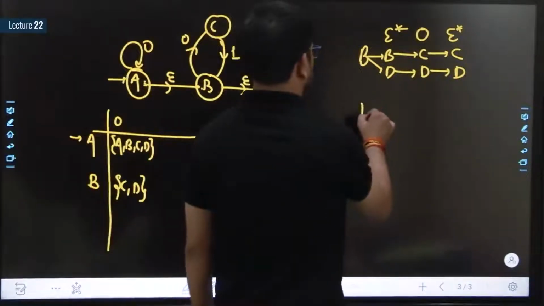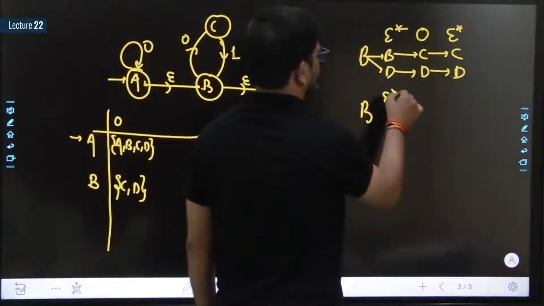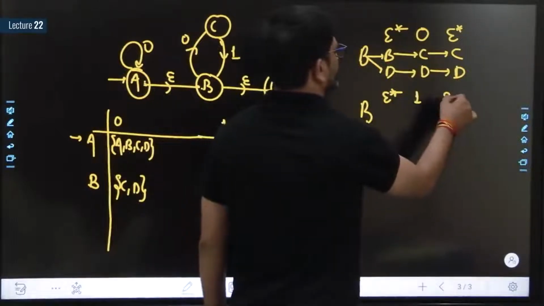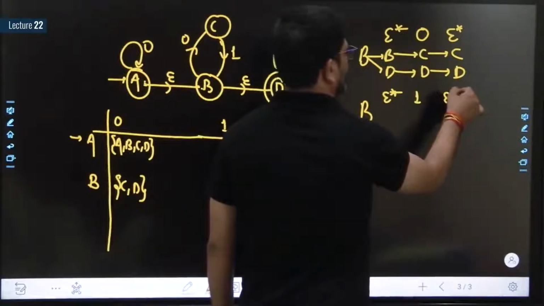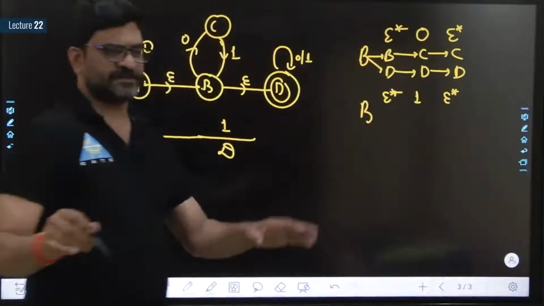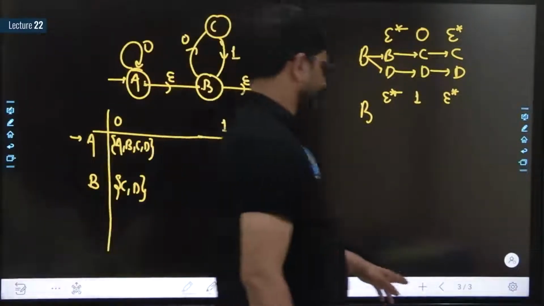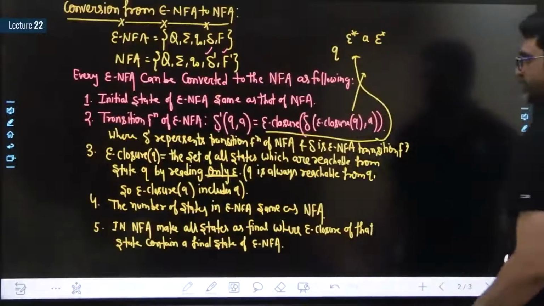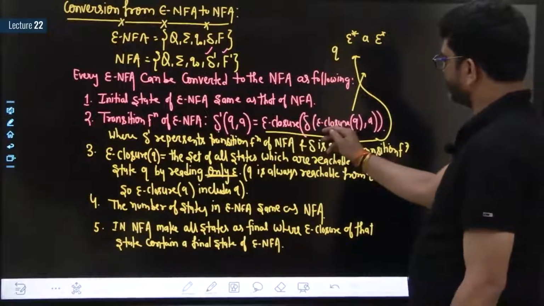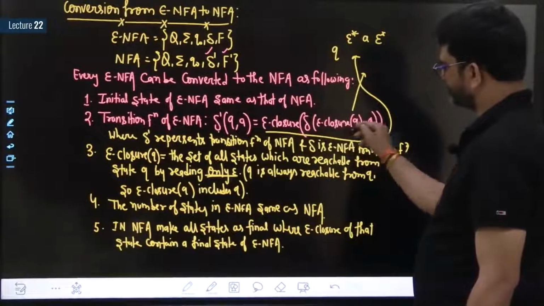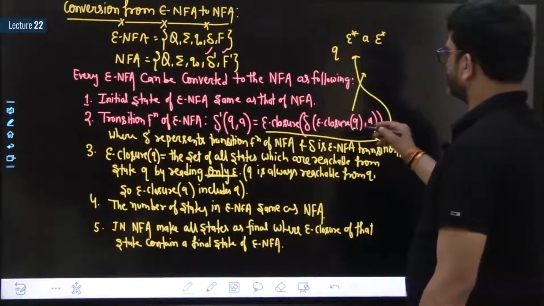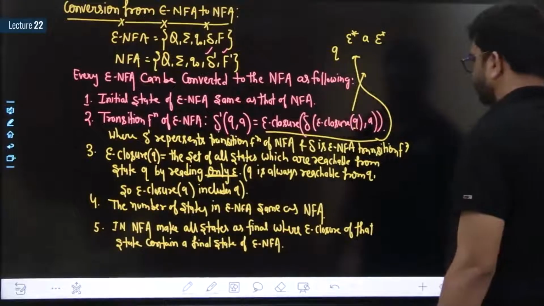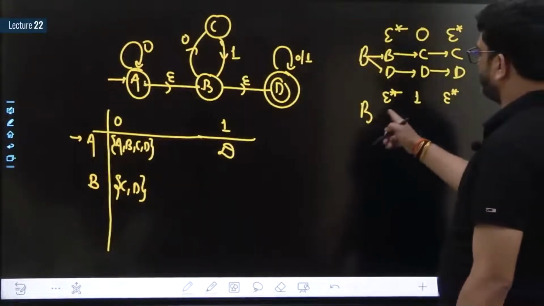Now find B on 1. Epsilon closure, 1, epsilon closure. Also please see this transition; we can also write it like this.